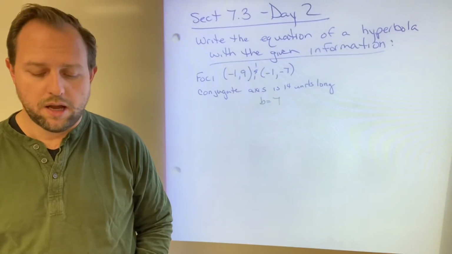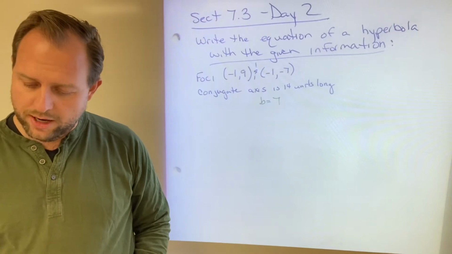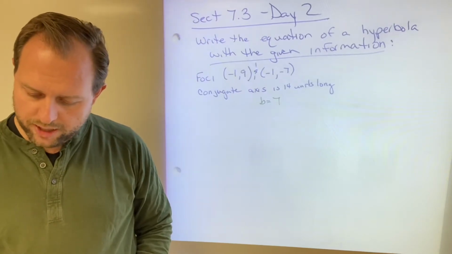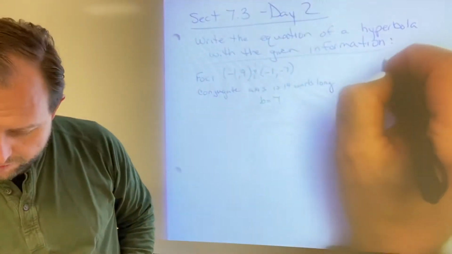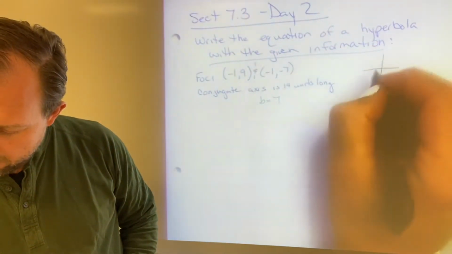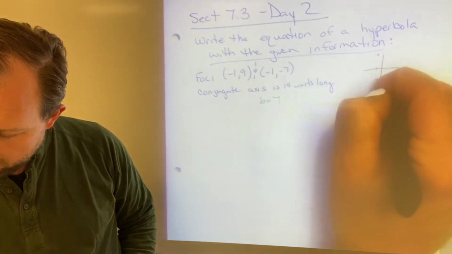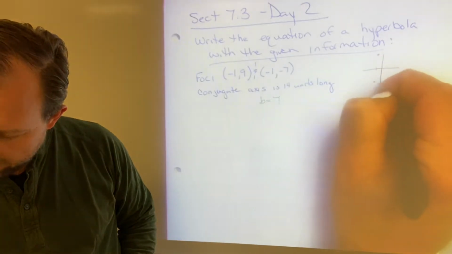The foci being at (-1, 9) and (-1, -7), if we look at a really quick sketch here, (-1, 9) is like this, and (-1, -7) is like this.